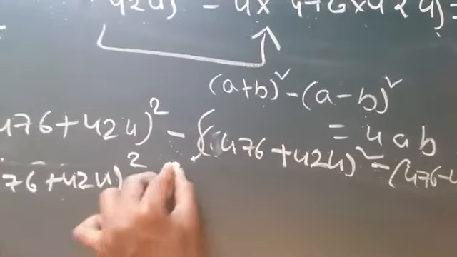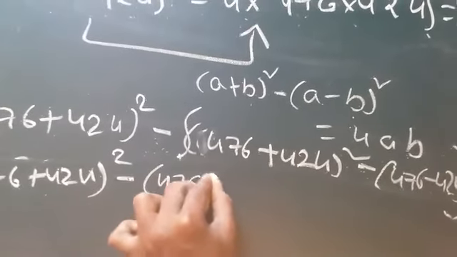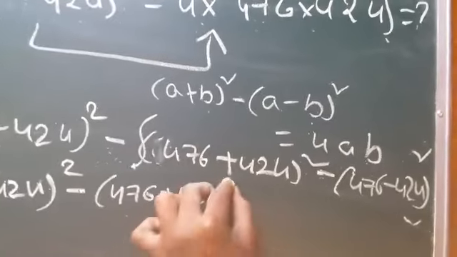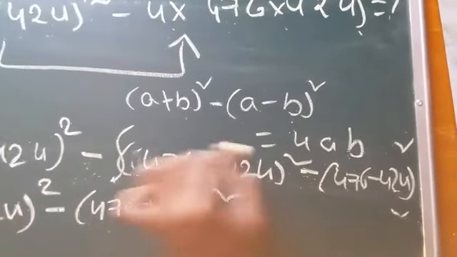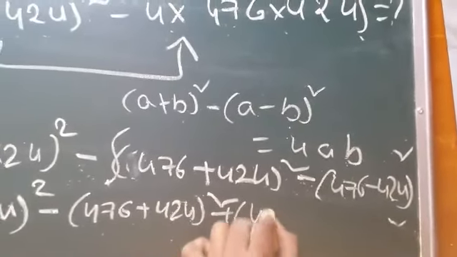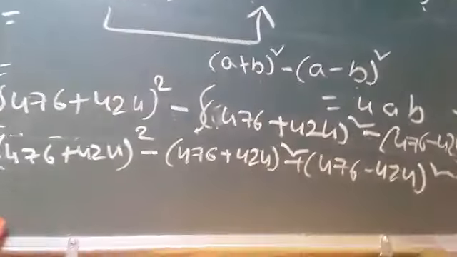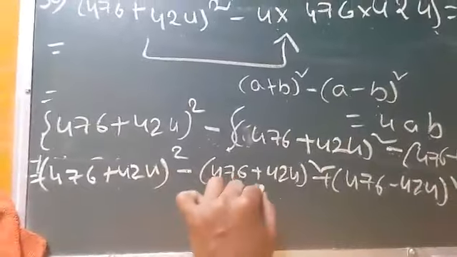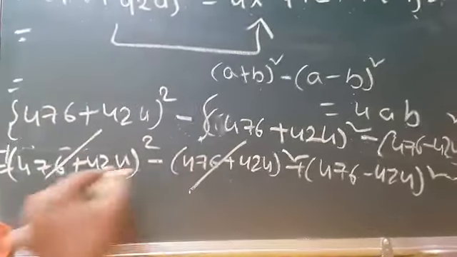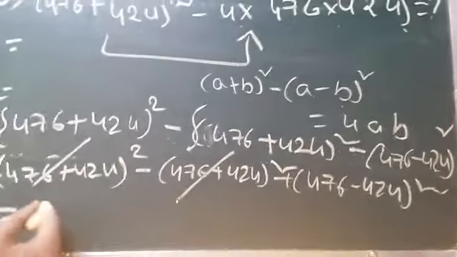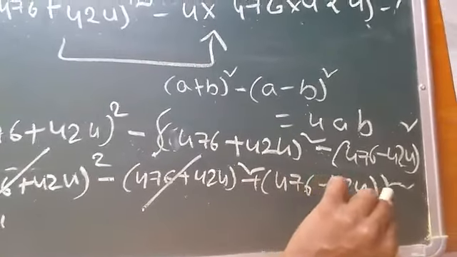Apply the minus sign. It will become minus 476 plus 424 whole square. If you apply the minus sign, minus into minus is plus. Plus 476 minus 424 whole square. This is having a plus sign and this is having a minus sign. Cancel these two. And the final thing is 476 minus 424 whole square.